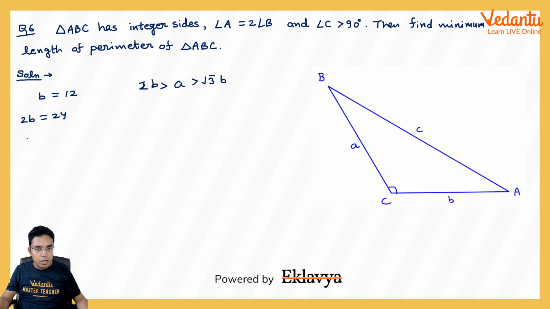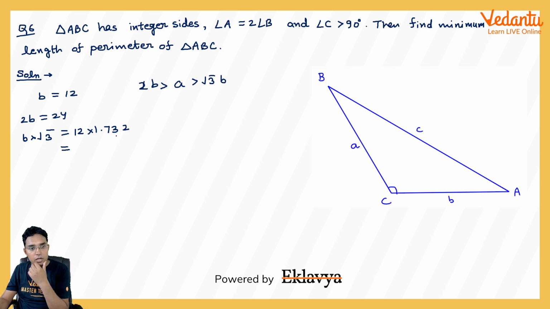And how much will be b into root 3? B into root 3 means 12 into 1.732. So 12 into 17, if we do, 12 sevens are 84, and ignoring the 32, I think 20.4 something.